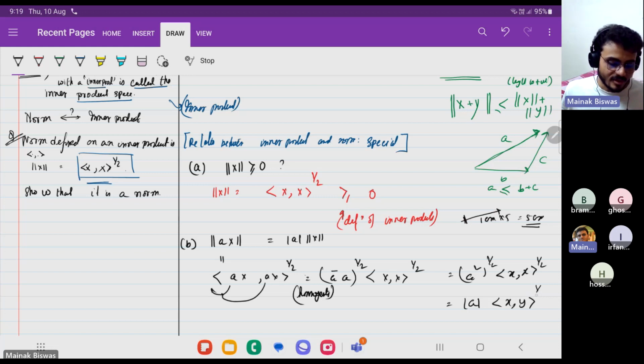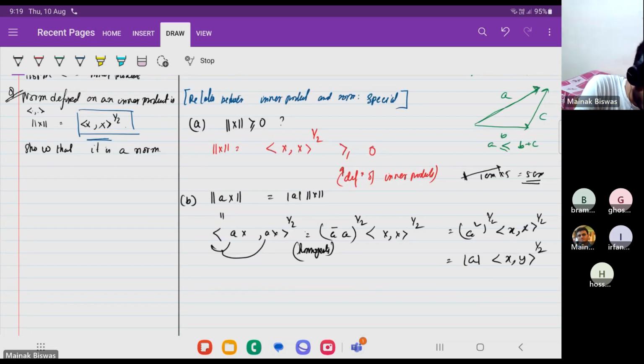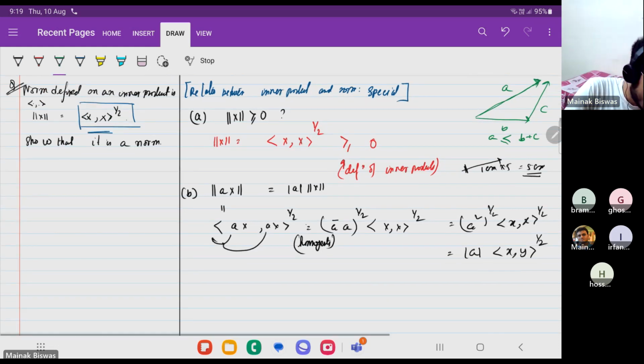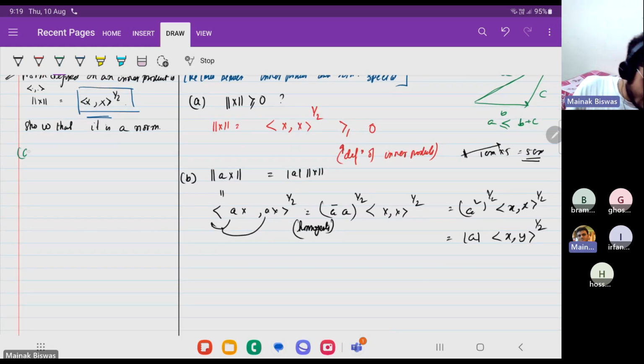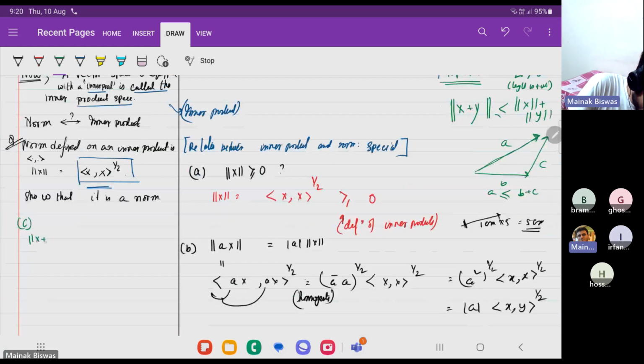Someone else, can you tell me the first step for the third part? That's proving the triangle inequality, and then I will tell you the technicality to prove that. Hussein, can you tell me what step I will take? I want to prove that the norm of x plus y is less than or equal to the norm of x plus the norm of y.